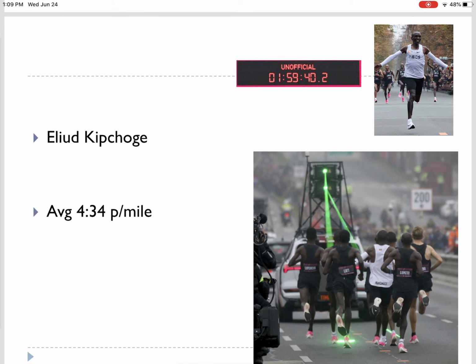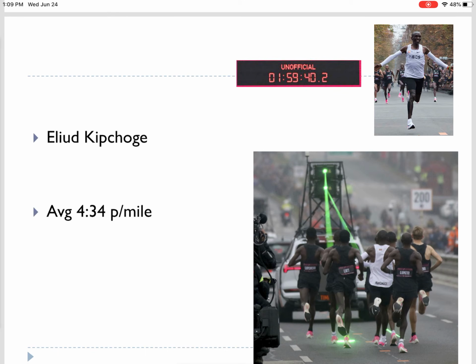Think about how fast that is. I know that my fastest mile time is about 6 minutes, and I felt like I was sprinting. So imagine running a 4:34 mile over and over again. Now, of course, this is not going to be an official world record because, as you can see in the bottom picture, he had runners around him that kept coming in and out in shifts.